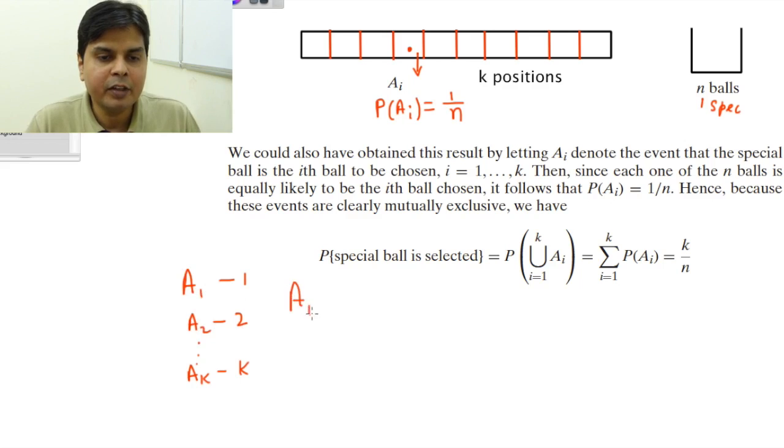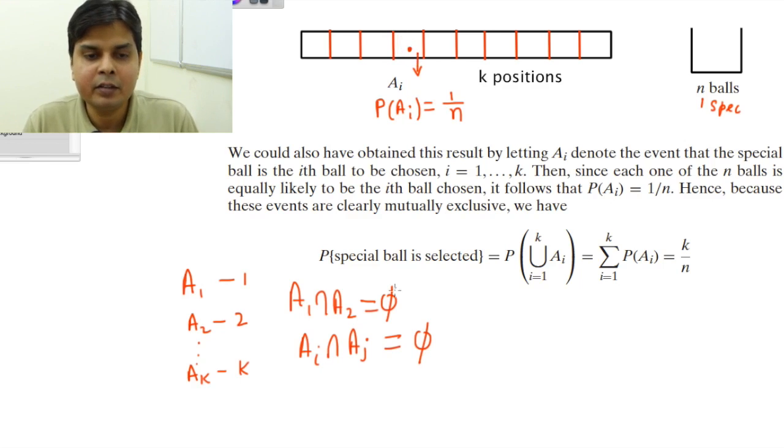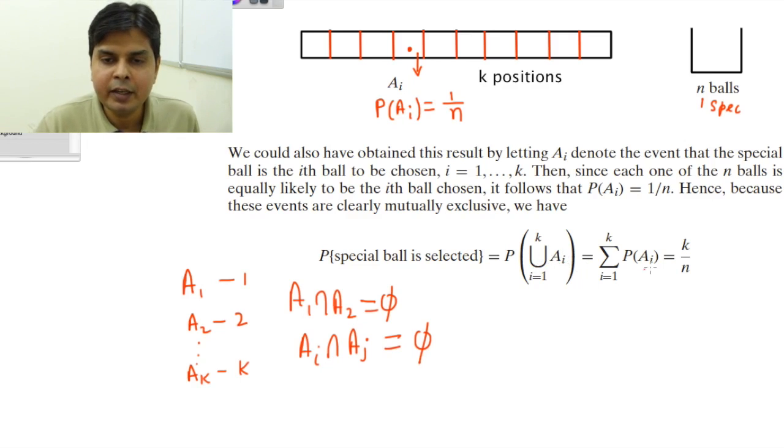So your A1 intersection A2 has to be phi. Similarly for all the Ai's, any Ai intersection Aj has to be phi, because Ai means that the special ball is in the ith position. So the moment the ball is here, it cannot be anywhere else. So these are disjoint events. Since these are disjoint events, the total probability will be the sum of each individual event. So the probability of the union of Ai will be the sum of the probabilities of Ai, which is equal to k by n.